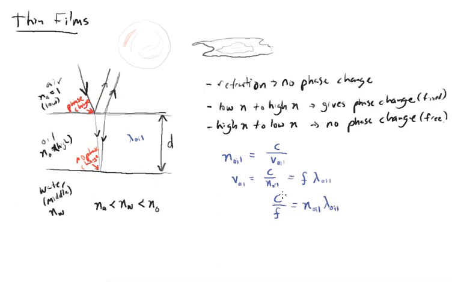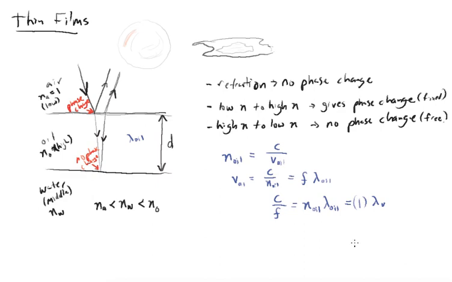And then this is a constant. So that means that n in water times lambda of water is equal to n of oil times lambda of oil. So basically this just means that the index of your material times your wavelength is equal to a constant. So we can set this equal to the index of refraction in a vacuum, which is 1, in a vacuum, times the wavelength of our light in a vacuum.